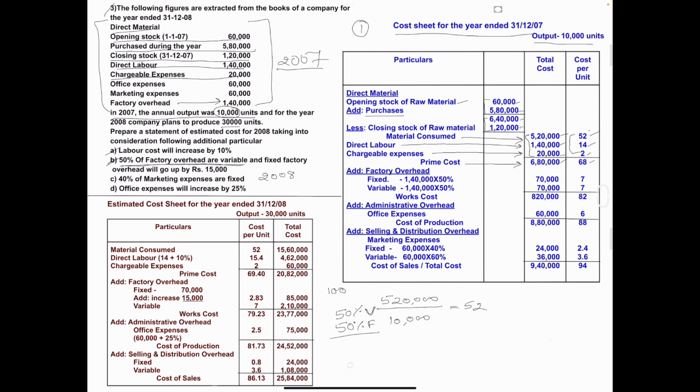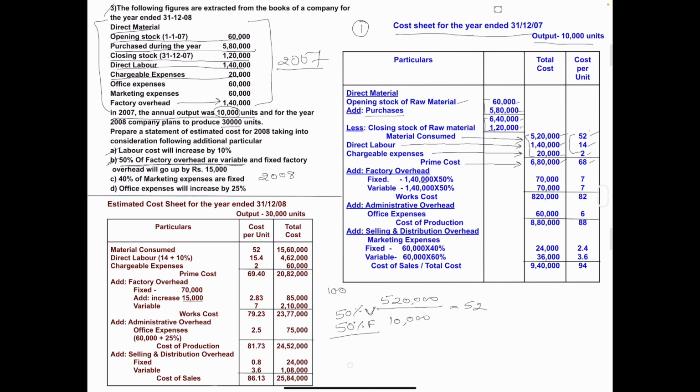So I have written here, see the solution part, add factory overhead. In that first we have to write fixed. So the total amount of factory overhead is 1,40,000 into 50%. Whatever the factory overhead amount is there, of that 50% we have to take as fixed overhead and the remaining 50% as variable overhead.